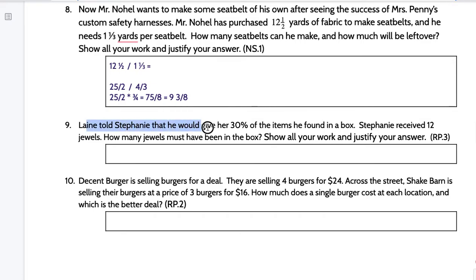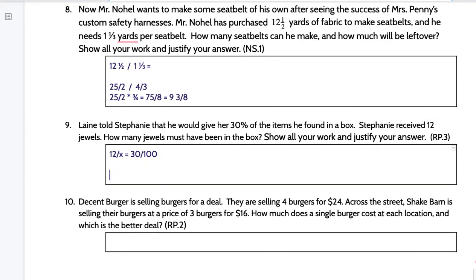Lane told Stephanie that he would give her 30% of the items he found in a box. Stephanie received 12 joules. How many joules are in the box? So 12 is 30%. You could do 12 over something, where 12 is the part and x is the whole. 12 over x equals 30 over 100, and you could do the cross multiplying way.